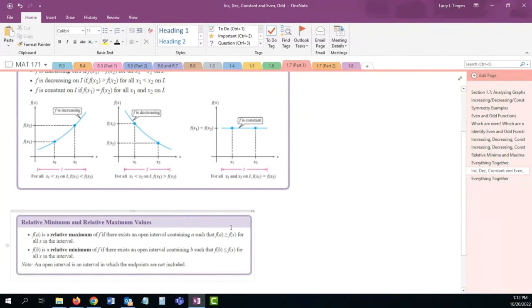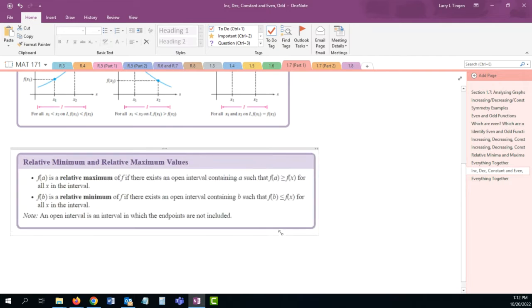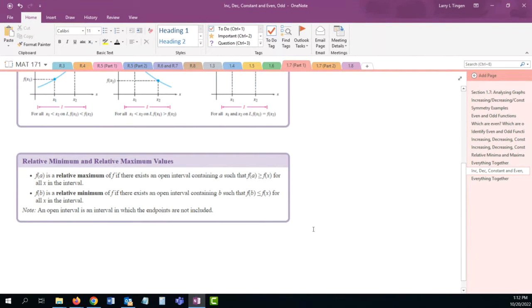We have the mathematical definition here, but we can also think of it graphically: maximums occur when we change behavior from increasing to decreasing. Minimums occur when I go from decreasing to increasing.